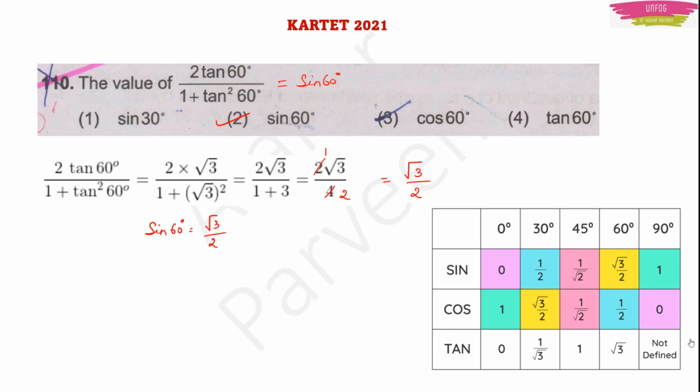When you get a value, here you got root 3 by 2, then you should know what is the answer for that in terms of angle. It is sin 60. If I was getting 1, the answer could be tan 45 or sin 90 or cos 0, like that. Okay, I hope you are understanding what I am telling. See, this is a maths class. You have to take a book and a pen, then only you can understand, or else you will not understand. Please, okay.